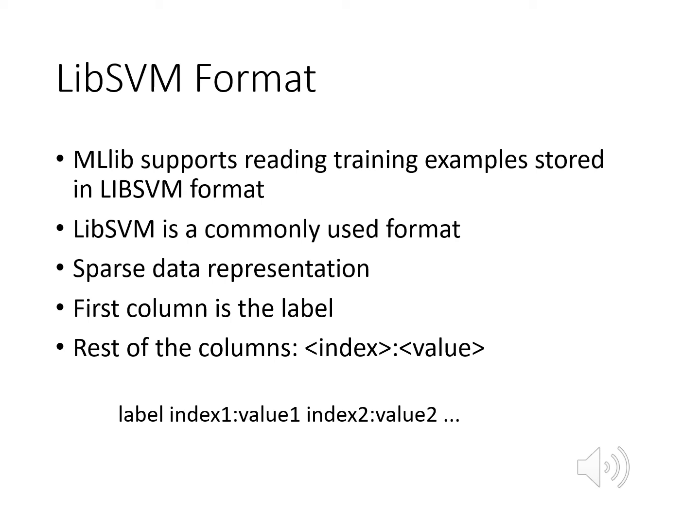The index of the features starts from 0 to the number of features, and each row only shows the features that have non-zero values. So index 1 may be 100, index 2 may be 125.